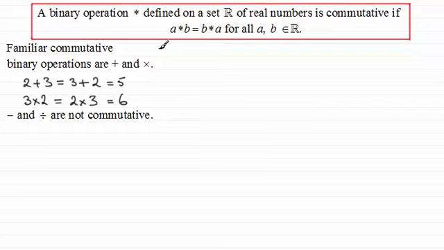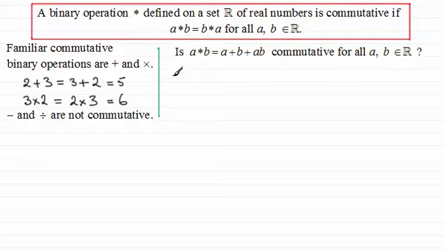Now you may be asked to show that a particular binary operation is commutative. For example, is the binary operation star defined by A star B equals A plus B plus AB commutative for all members A and B of the set of real numbers? Well, to do something like this, let's just start by doing B star A and see if we can prove that it's exactly the same as A star B, this result here.